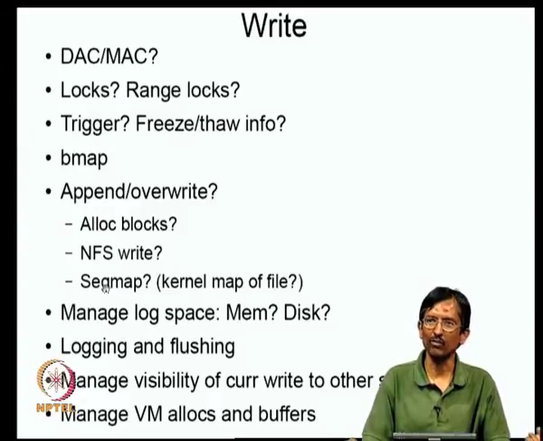When you try to write from the user buffer to the kernel mapped region, you might suffer a fault, and then the kernel will notice that this has been because of a segmap write, and then it knows that it has to bring the corresponding blocks, or corresponding information that is present in the disk, back. So some of those things also have to be done.